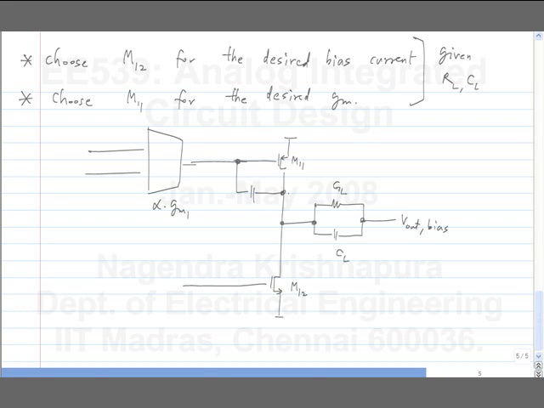Omega u is alpha GM1 by Cc, so Cc is alpha times GM1 by omega u. If I want to reduce the current consumption, I use a small GM and a small Cc here. So I have my stage, I can connect it up. Now I can use a scaled version of that also. So I scale it down as much as I want. Can I scale down indefinitely?